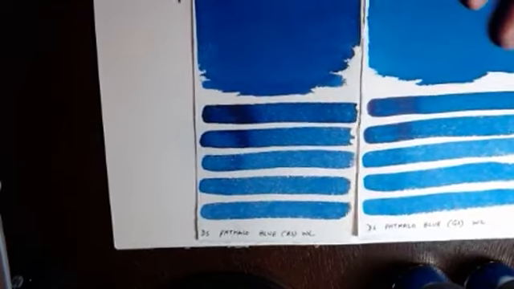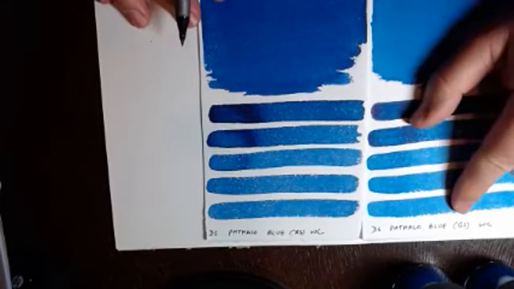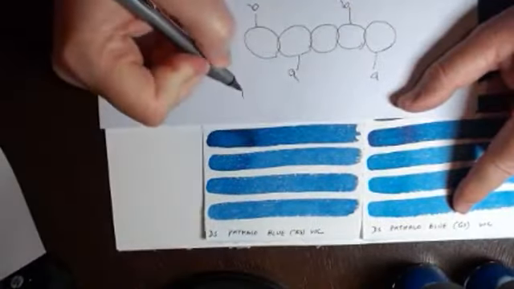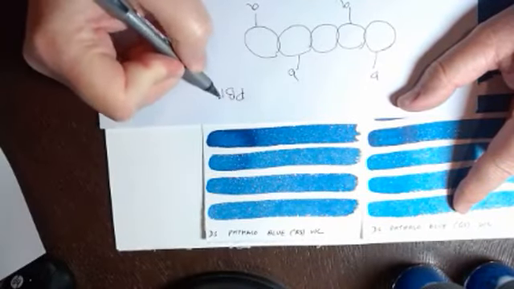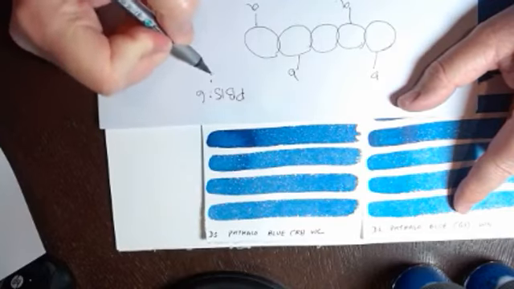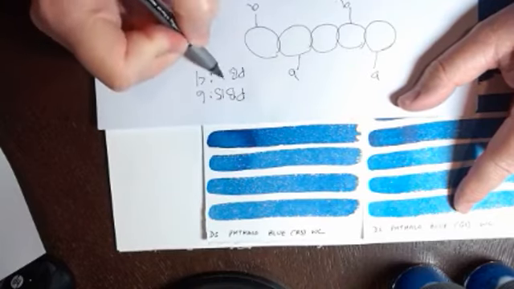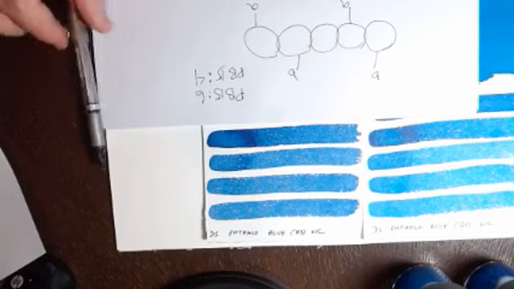Now these are kind of interesting too. This is the phthalo blue red shade and the phthalo blue green shade. And these are pigment blue 15:6 and 15:3.